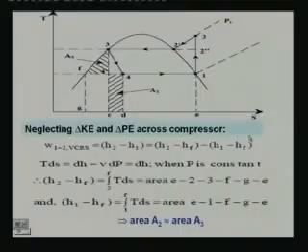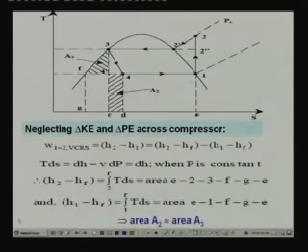As I have already explained to you, the standard vapor compression refrigerant cycle is given by 1 2 1 2 3 4. Neglecting kinetic and potential energy changes across the compressor, the compression process is 1 to 2.